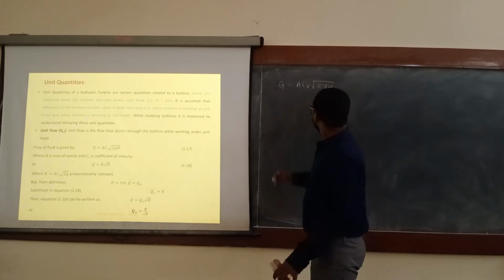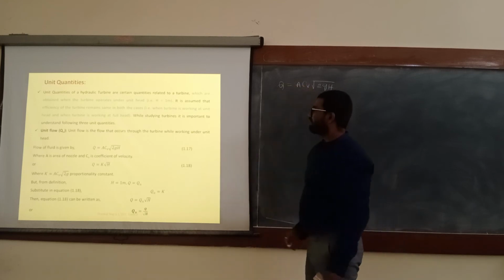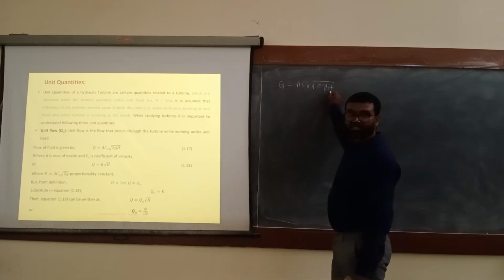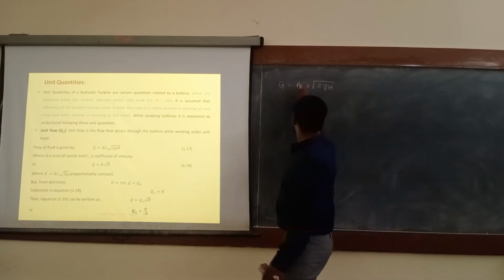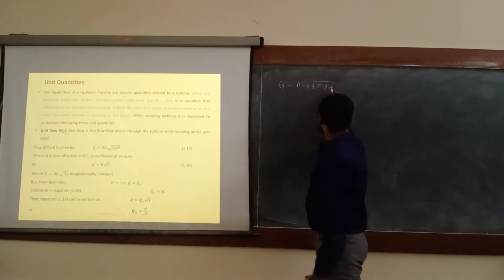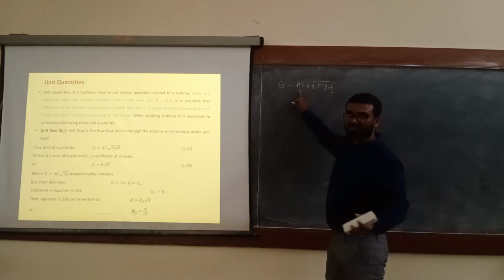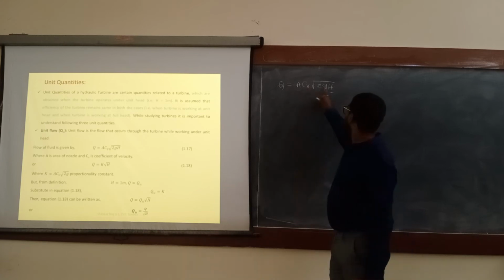Here A is the cross-sectional area of the nozzle, Cv is the coefficient of velocity, g is the acceleration due to gravity, and H is the head of the turbine. Here the only variable we have is H. The area of the nozzle for a given machine, the coefficient of velocity, and the acceleration due to gravity will be constant.